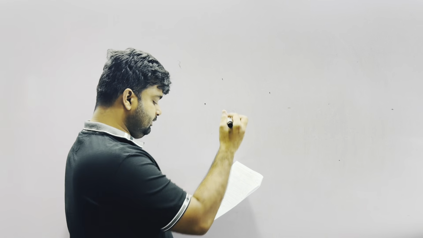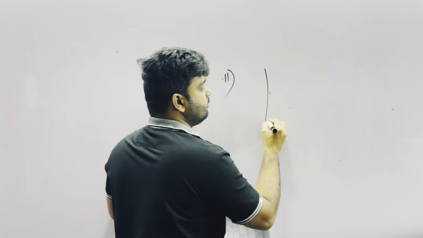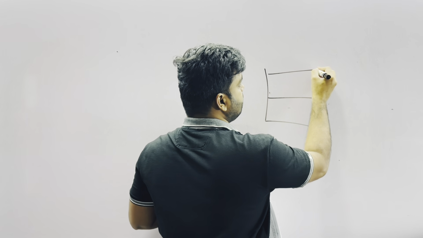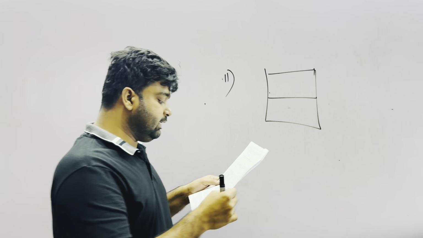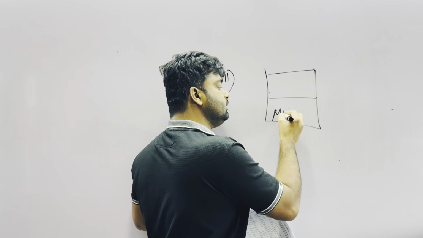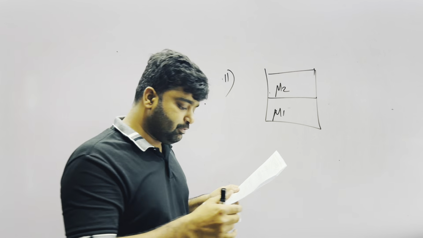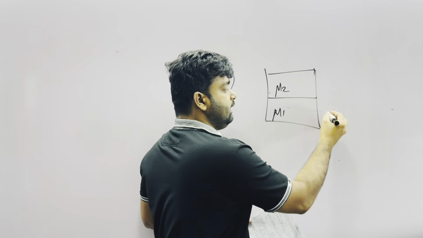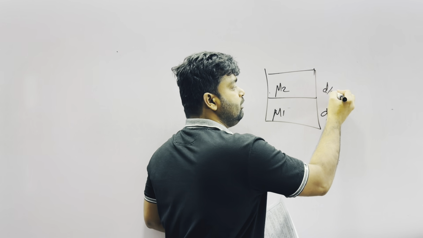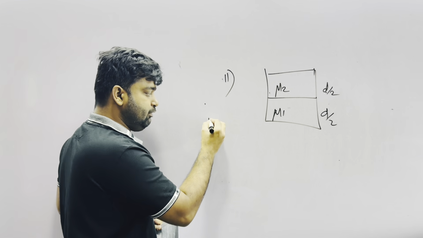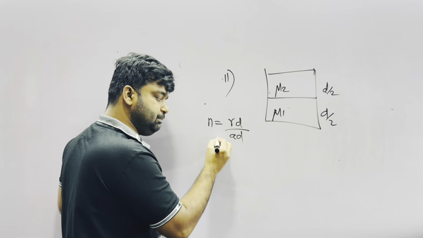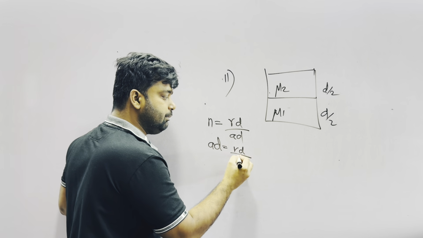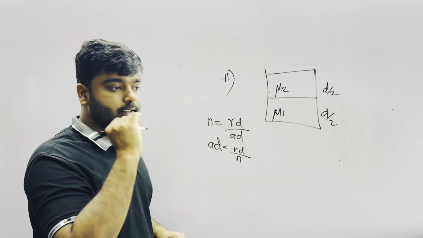Question number 11. A container of depth d is half filled with a liquid of refractive index mu1 and the remaining is filled with mu2. The depths are d by 2, d by 2. We know refractive index is equal to real depth over apparent depth. Therefore, apparent depth is equal to real depth over refractive index.